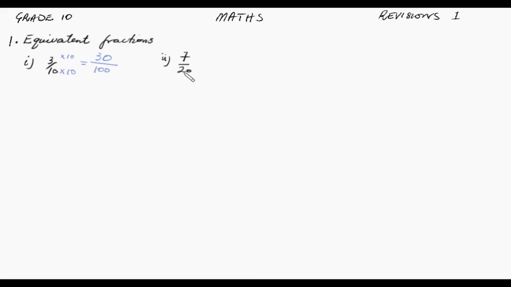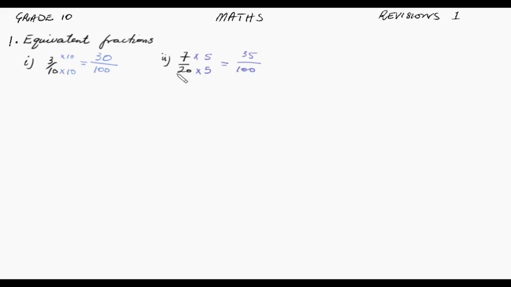We want to make the denominator 100, so to make 20 into 100, you multiply 20 by 5. So you also multiply 7 by 5 to balance our fraction. 20 by 5 is 100, and 7 by 5 is 35. So 35 over 100 is equivalent to 7 over 20.